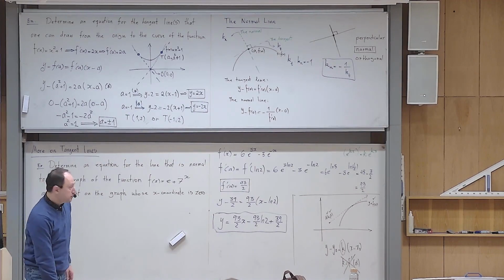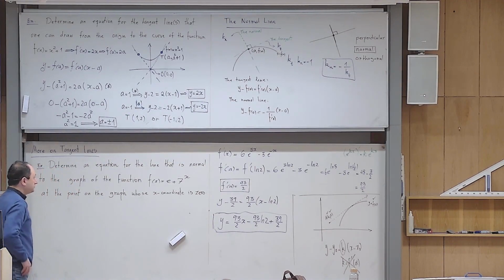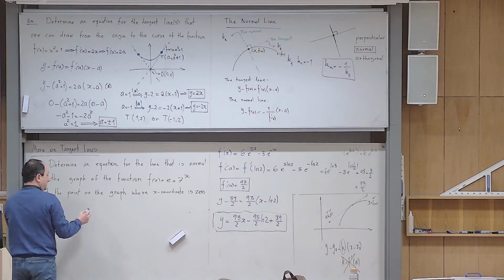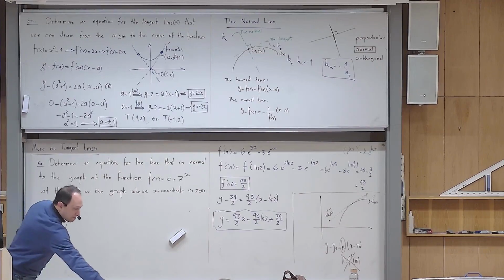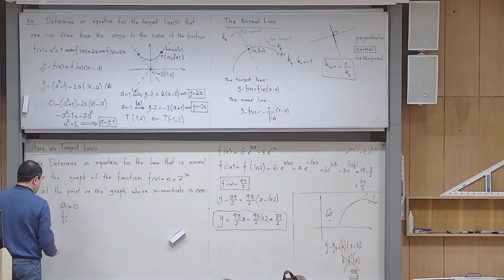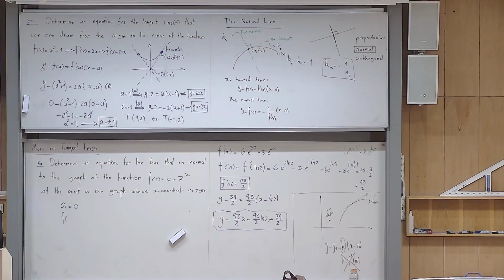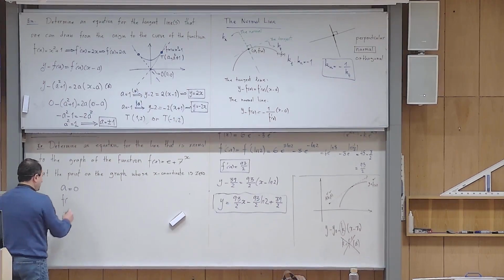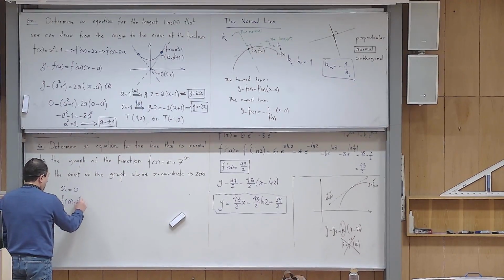So, help me to do that. What am I supposed to do? What is a in this problem? Can you tell me? A is 0. So what I have to calculate is f of a. If a is equal to 0, f of a becomes f of 0.